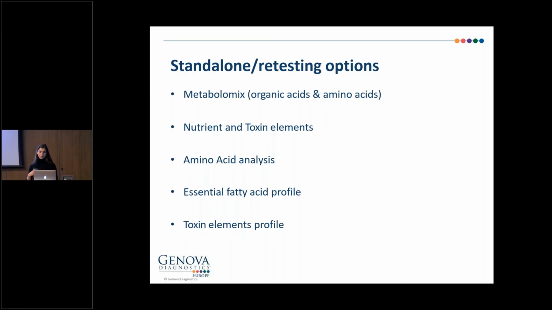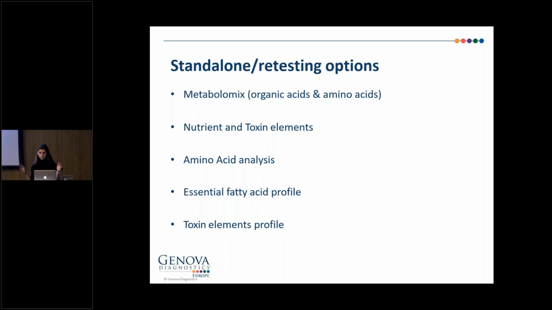And then you have options to either retest, or then you could do segments of that NutrEval, like the Metabolomix, where you just look at the organic acids and amino acids, the nutrient toxins. So depending on obviously what comes up, what you're working on, you can then retest that specific portion, see where you're at. So you have all of the options to do that. You just want to look at amino acids, nutrients, essential fat, or just toxic elements on their own.